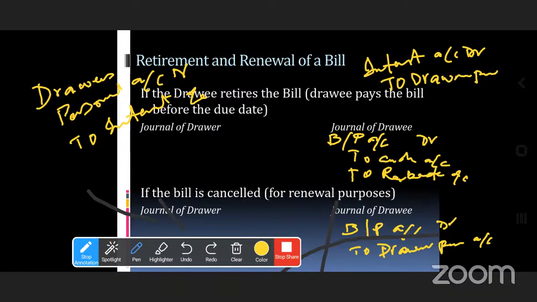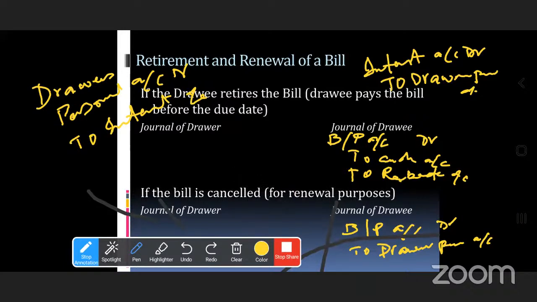Drawer's personal account. Sorry, that is interest payable to drawer. Understood? Sometimes the interest is received in cash, so the drawer may be paying the interest in cash.